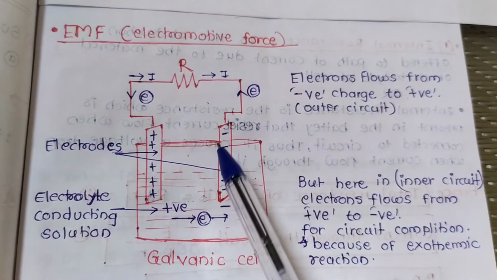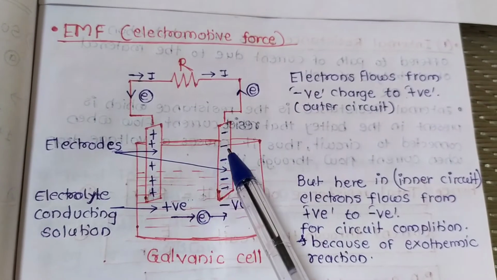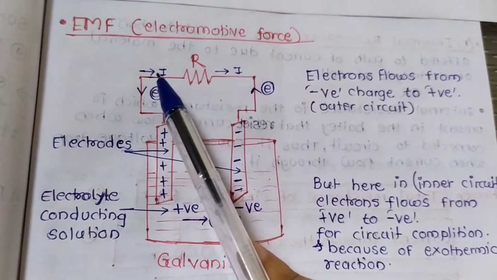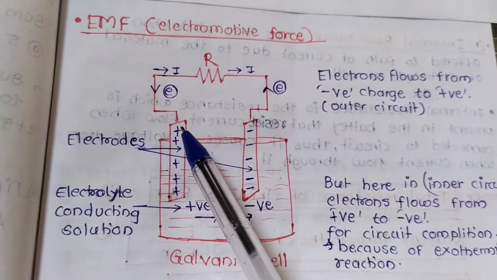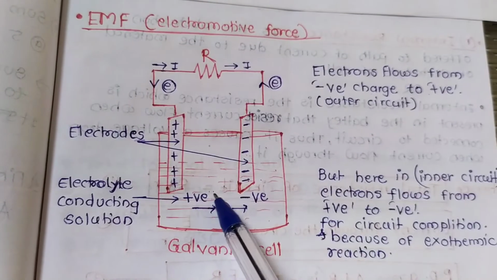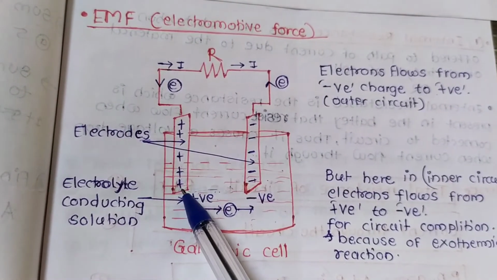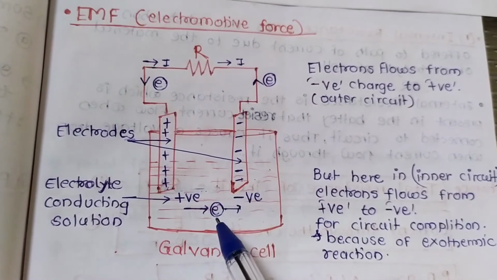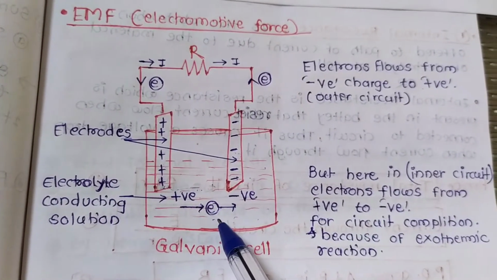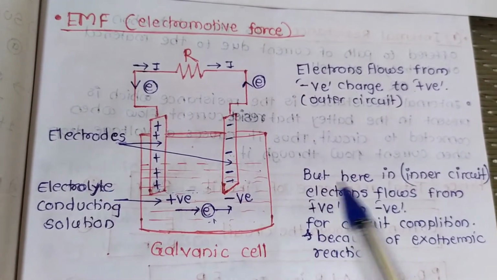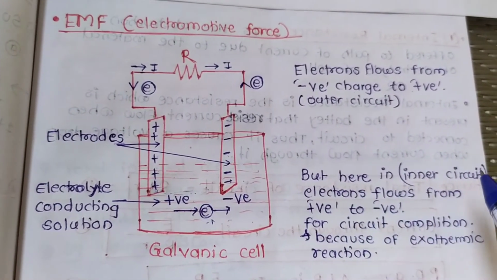For circuit completion, charge moves from negative to positive through the outer circuit, and again it moves from positive to negative in the inner circuit.